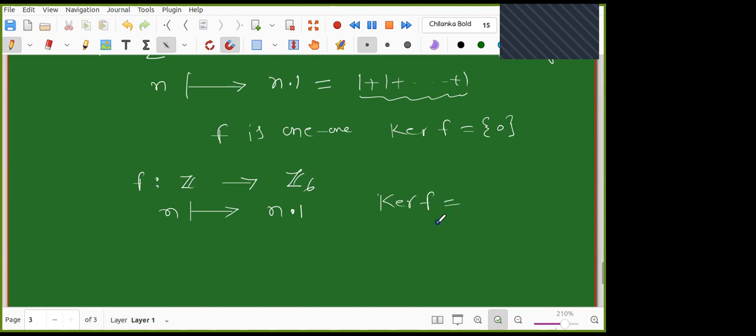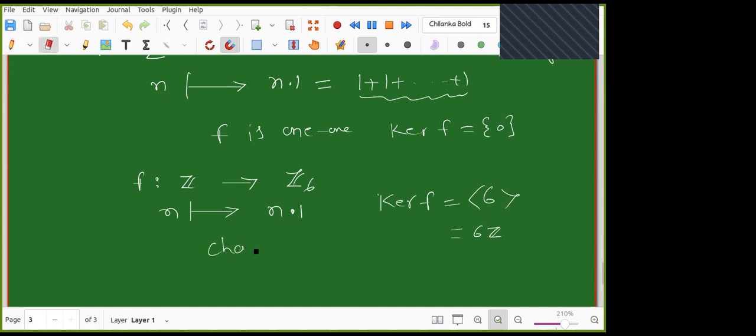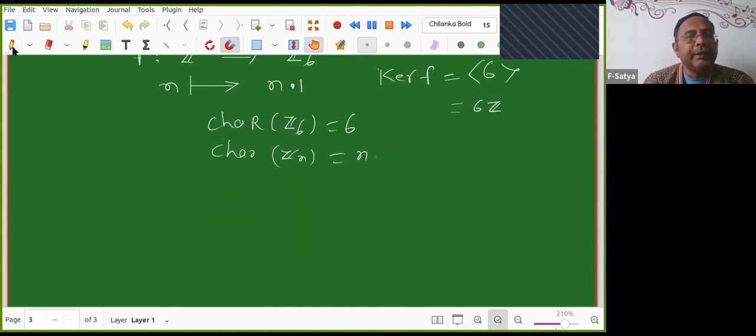Yes, the ideal generated by 6. So it is equal to 6Z, right? So now what is the characteristic of Z6? 6, right? The characteristic of Z6 is 6 only. So in general, the characteristic of Zn is n, right? Okay.